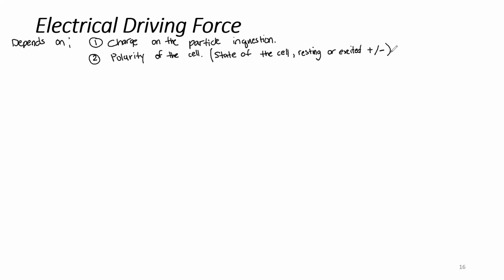So that polarity of the cell is going to be whether or not the inside of the cell is more negatively charged or positively charged, or whether or not the outside of the cell is more negatively or positively charged. And again, that is going to tie into the state of the cell, whether or not the cell is excited, if it's a muscle cell or neuron, or whether it's at a resting state.